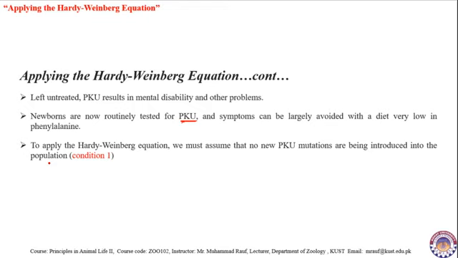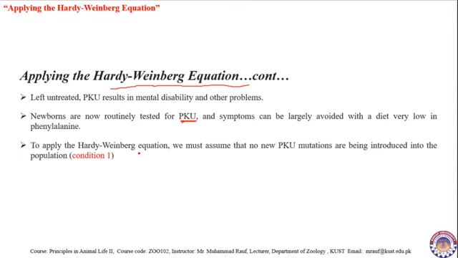But this population will only meet the criteria for this equation if they fulfill those 5 prerequisite conditions. Then this equation will apply to that population.